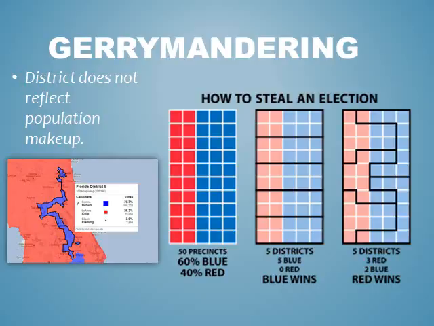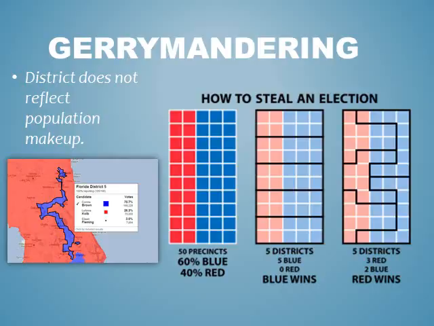So you can see on the right-hand side here, it says how to steal an election. Let's say that the state of California was made up of 60% blue and 40% red. If you were the person drawing the maps, it would not be too hard to skew the numbers and make it appear different.